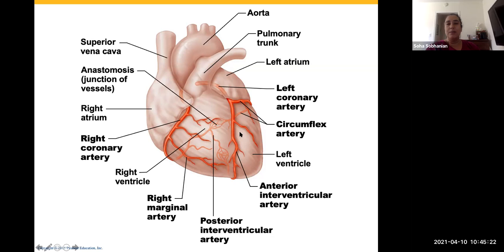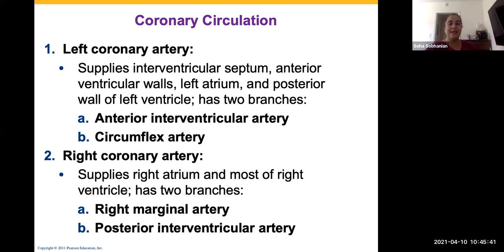Now, going toward the back of the heart, as you can see, kind of shaded in the back, you also have a major artery that supplies the back of the heart, and that's called the posterior interventricular artery. So you have the anterior and the posterior interventricular artery. Here is basically what I have written for you so you can have that information.